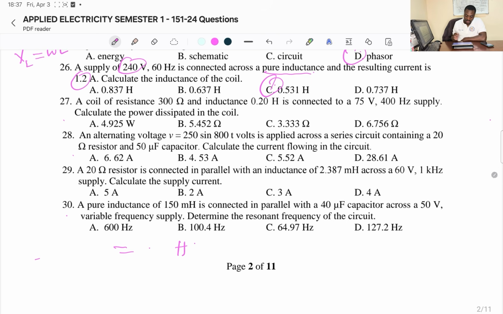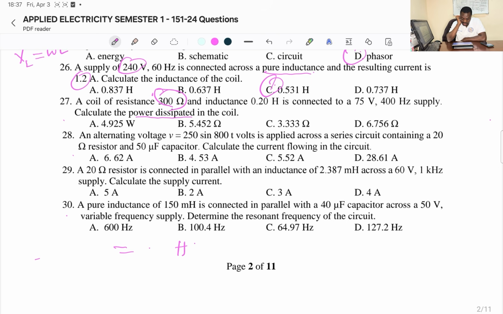When you talk about power dissipated, we are talking about the power dissipated by the resistor, right? And the resistance here is 300 ohms.